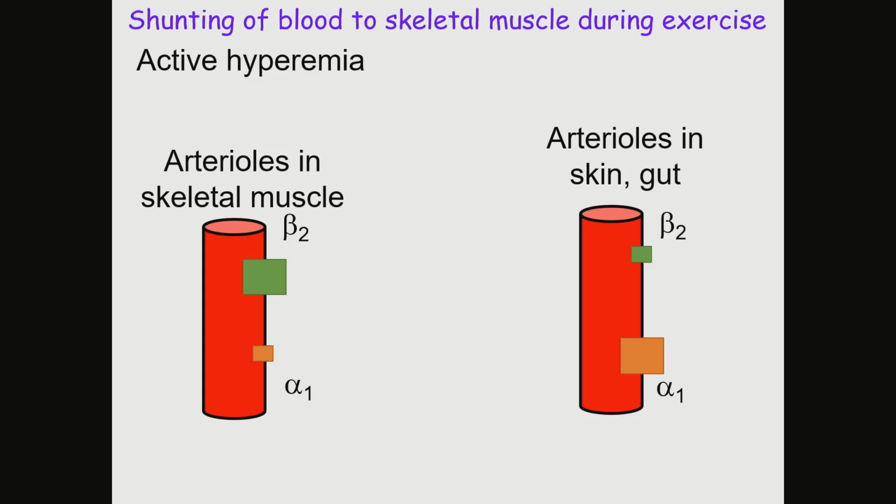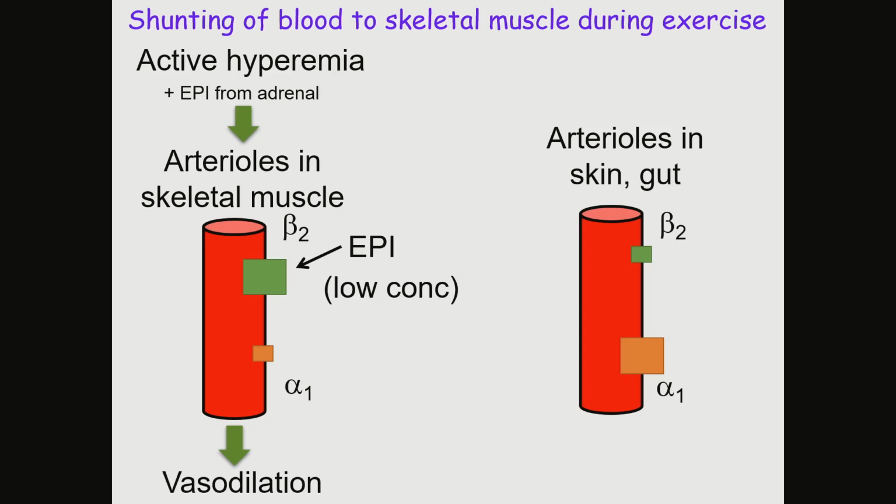But also when I exercise, I'm releasing epinephrine from the adrenal gland. I have that in little letters because active hyperemia is much more prominent and contributes more to that vasodilation than the epi does. But the epi binds to the beta-2 receptors and you get vasodilation.